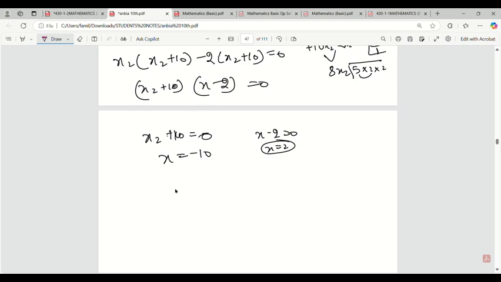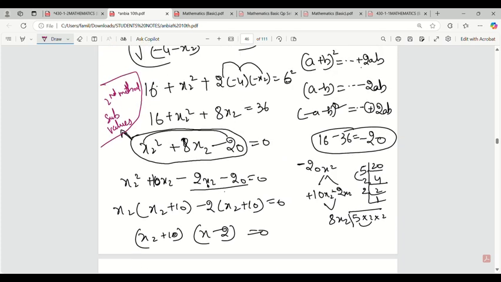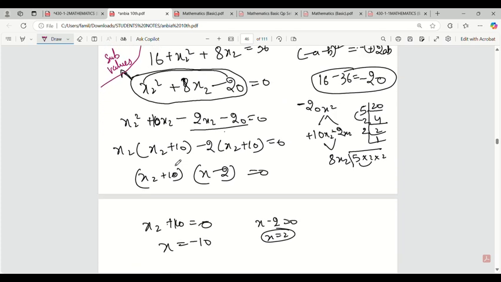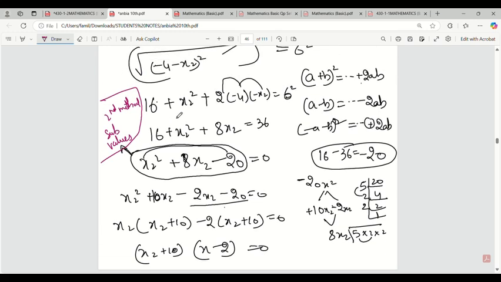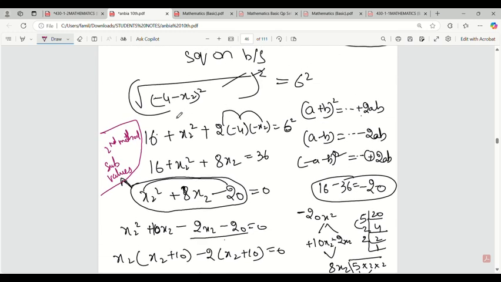See how I have checked now. Suppose I was not having options. How would I solve? Minus 4 comma 10 I am having. Now check it out. Substitute the x values here. How should I verify which one is correct?